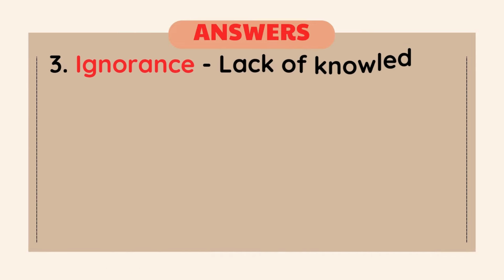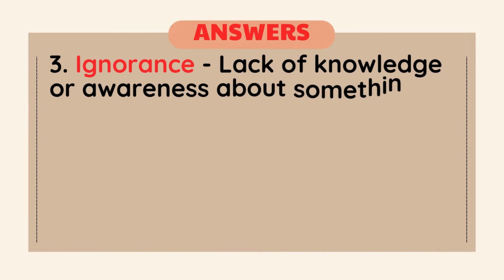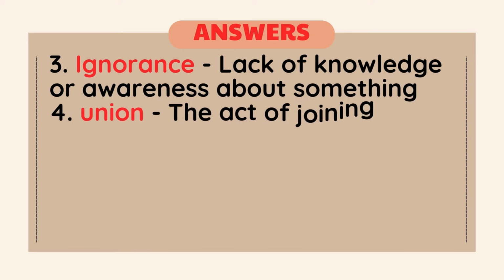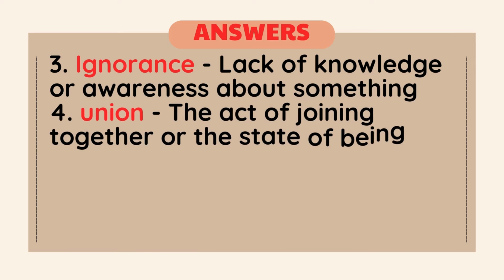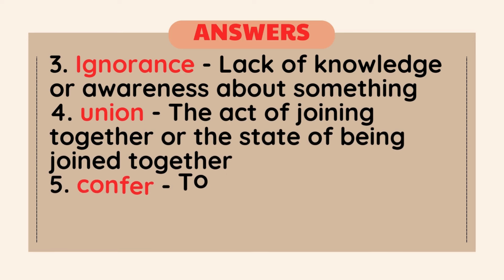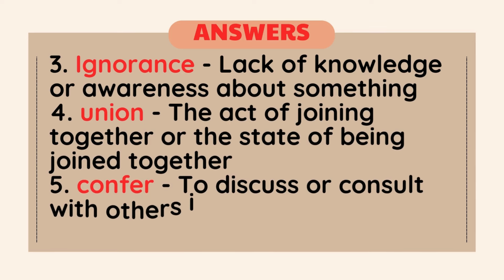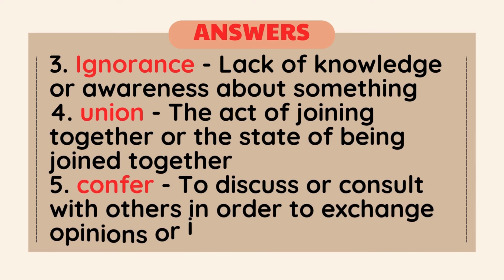Number 3, ignorance means lack of knowledge or awareness about something. Number 4, union, the act of joining together or the state of being joined together. And number 5, confer, means to discuss or consult with others in order to exchange opinions or information.